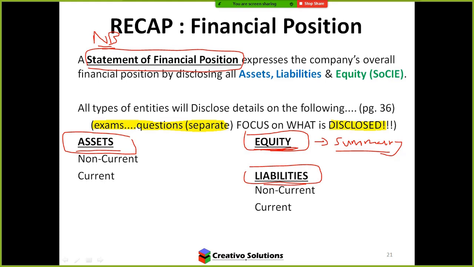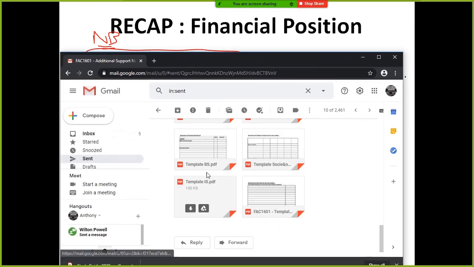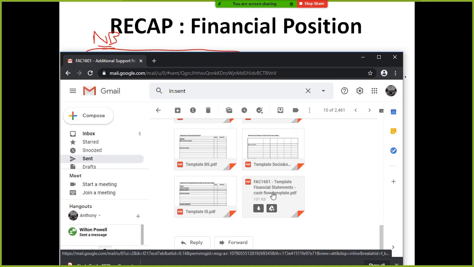I sent you templates for the financial statements because we're going to be using those soon. Yeah, I did send it. It is attached. You've got all the templates: the balance sheet, template statement of change in equity, template income statement, template cash flow.